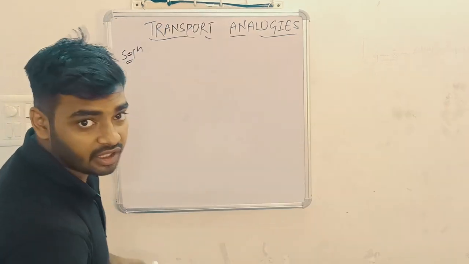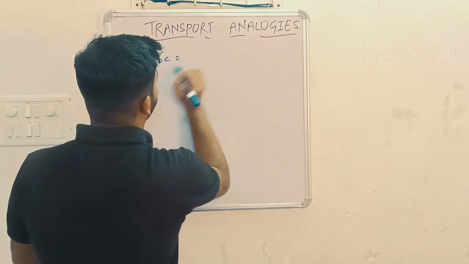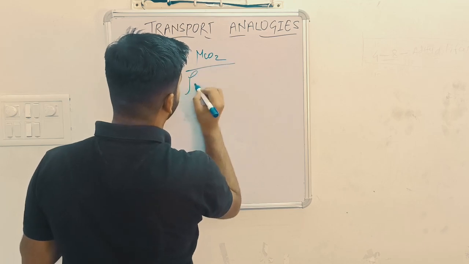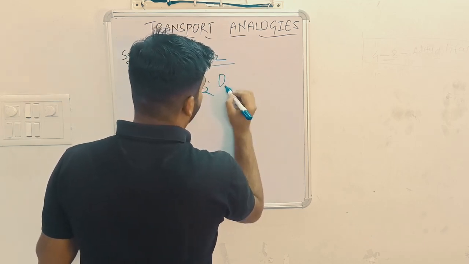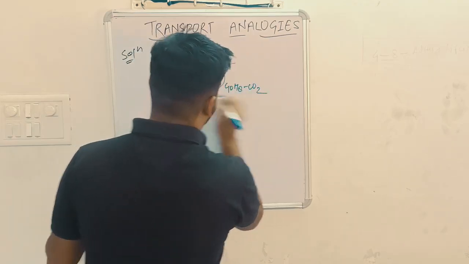Now, for the calculation of JD, we will require some other factor like Schmidt number, which is given by viscosity of CO2 upon density of CO2 and diffusivity of naphthalene to CO2.